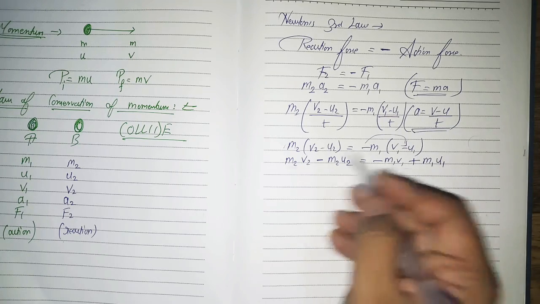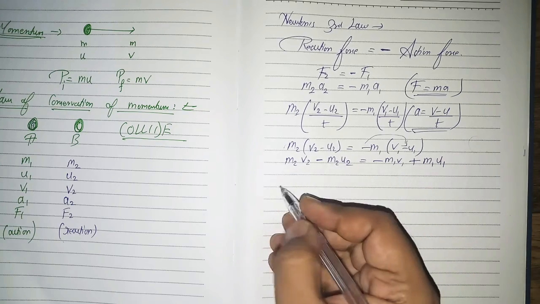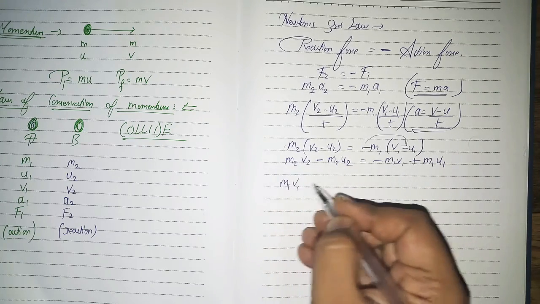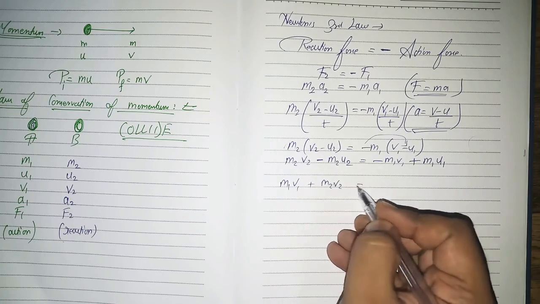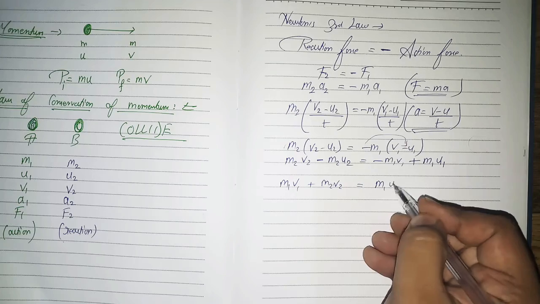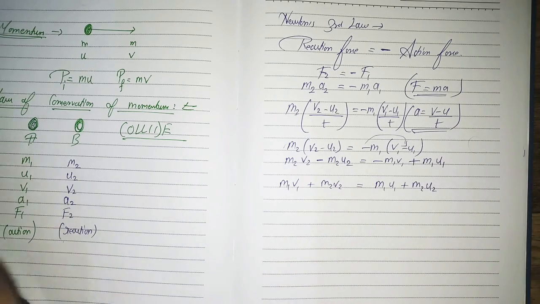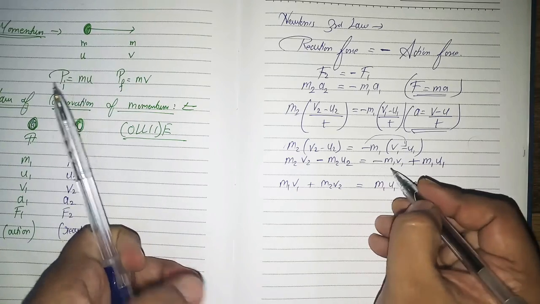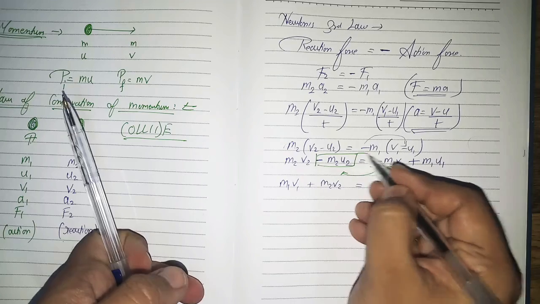This is minus this side, so when it shifts there, it's m1 v1 plus m2 v2 equals m1 u1 plus m2 u2.